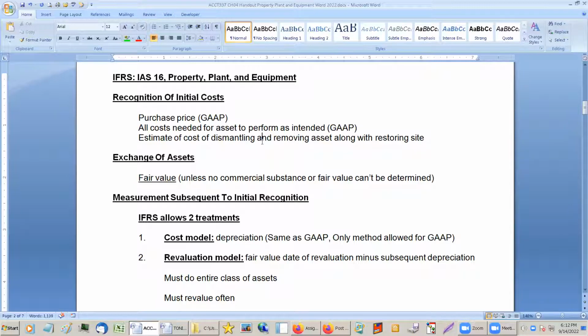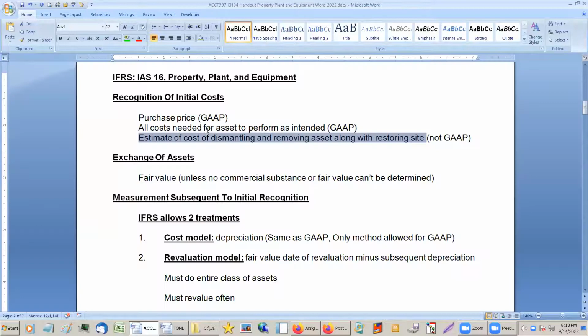This one, estimated cost of dismantling and removing the asset along with restoring the site. Okay, that's not GAAP. So this one is not GAAP. We don't look into the future and say how much it is going to cost to take this thing out once we're done with it.